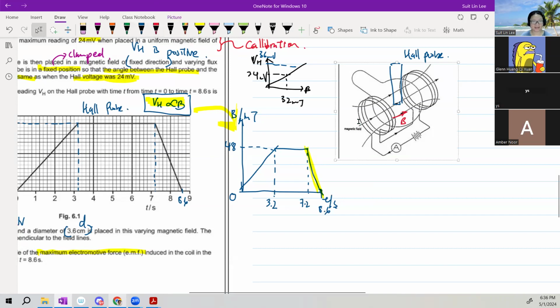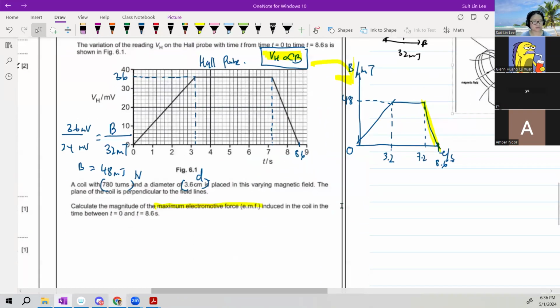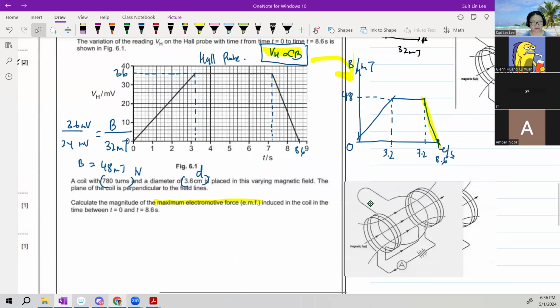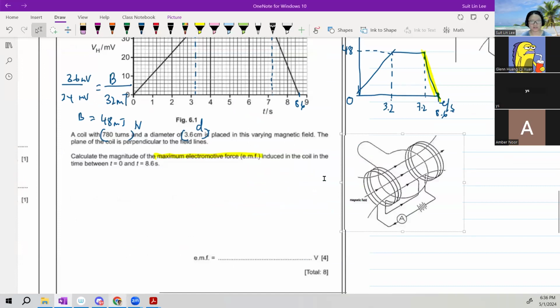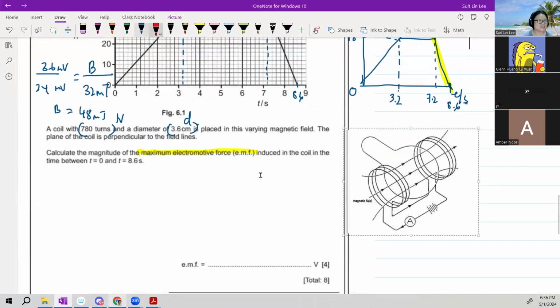Okay, and then the next part, the second part, I have another coil. It is not this coil. This is another coil, a coil of 780 turns, and this diameter, placed in this varying magnetic field.